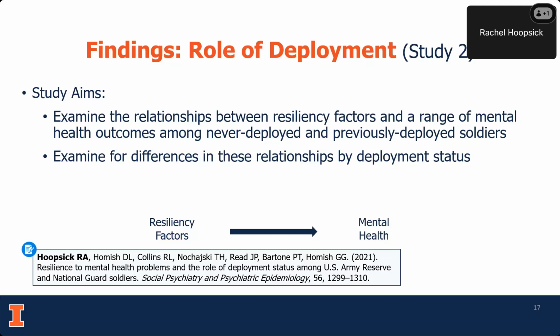So we examined the relationships between these factors and several mental health variables, including anger, anxiety, depression, and post-traumatic stress symptomatology. And then secondarily, we wanted to take a look and see if any of these relationships differed for never deployed and previously deployed soldiers.